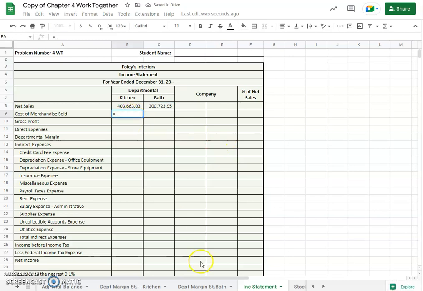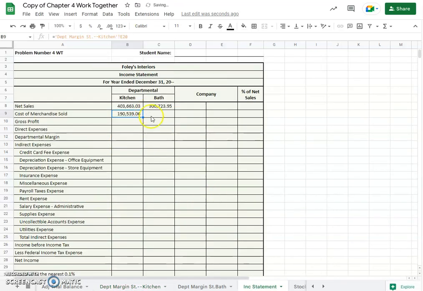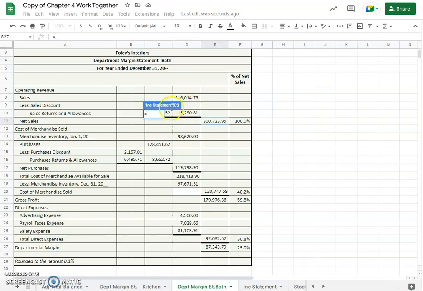Cost of merchandise sold for kitchen, cost of merchandise sold $190,539. And then for bath, I just use an equal sign so I can link them together. $127.47.